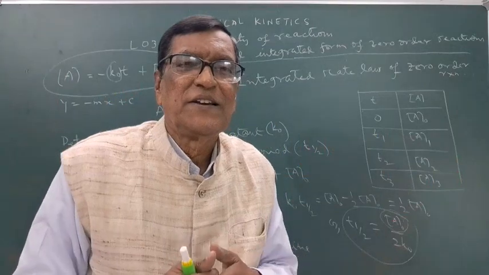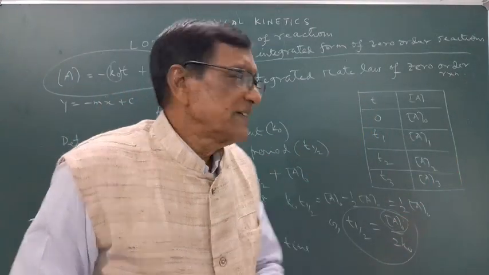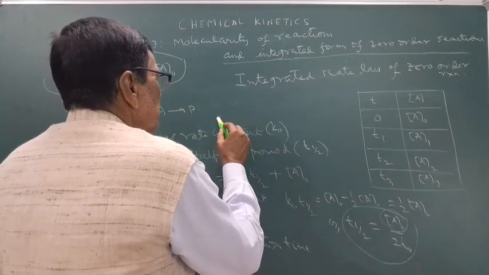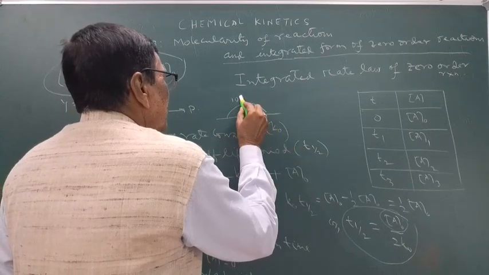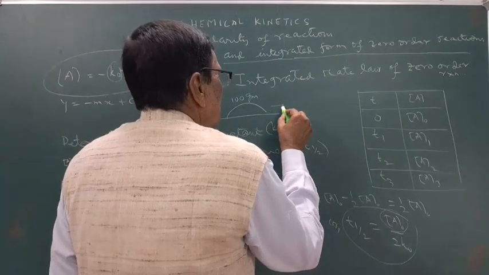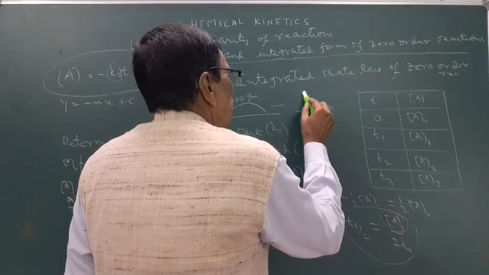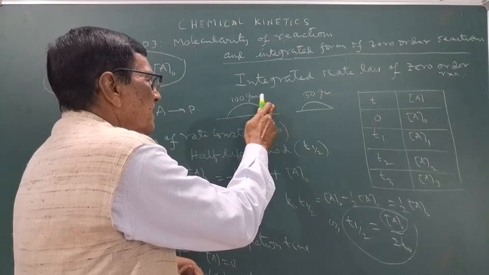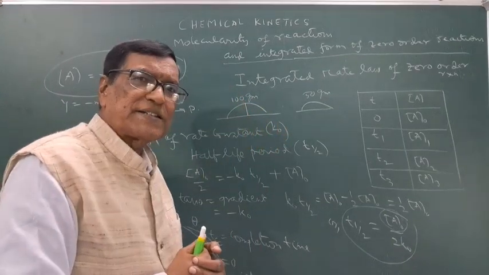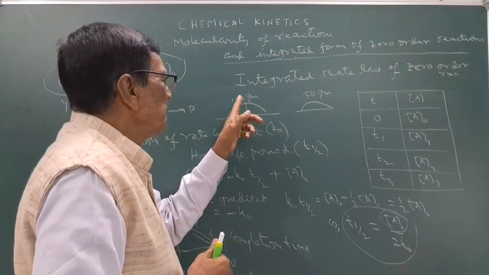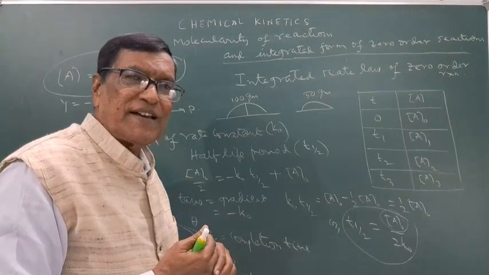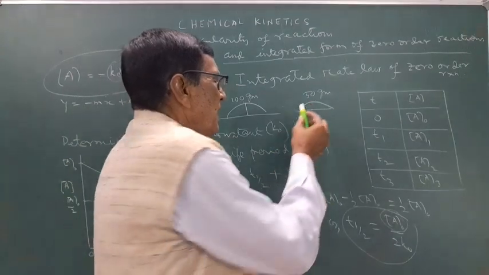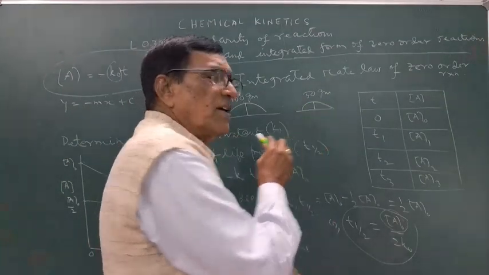Suppose it is taken 100 gram, and from 100 gram to 50 gram, half of the 100 grams to decompose will take greater time than the time required for half decomposition of the smaller amount.